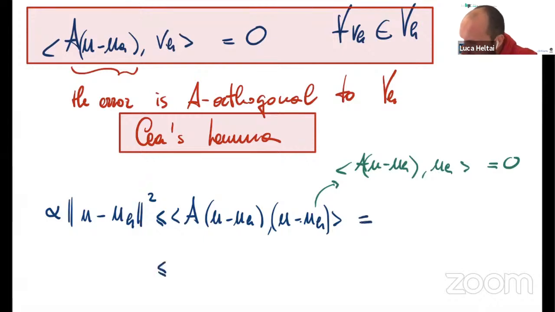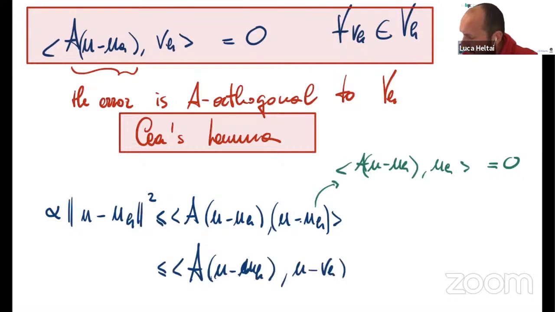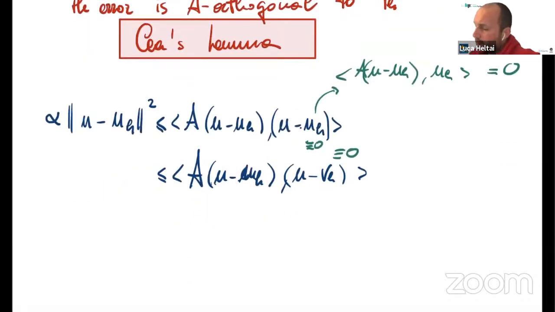So we can write exactly the same thing with a of u minus u_h, u minus v_h instead of u_h, simply because both of these give rise to something which is equal to 0, and the same is valid here. Okay?